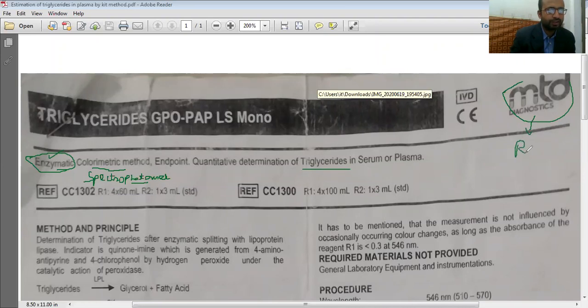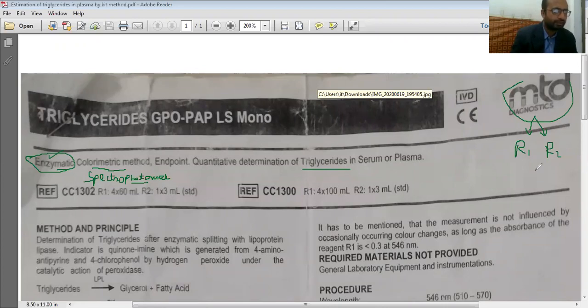One reagent is called R1. It would have all those enzymes which are required to estimate the triglycerides in the serum. The other reagent in this kit is R2. R2 is the standard. Standard means it would have triglycerides with known concentrations.